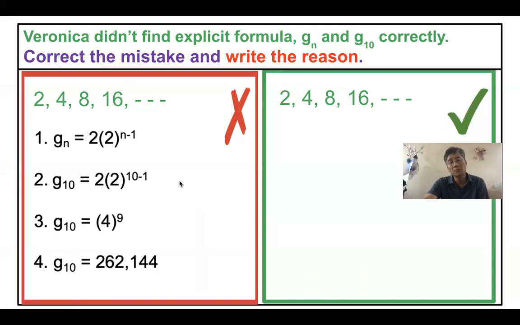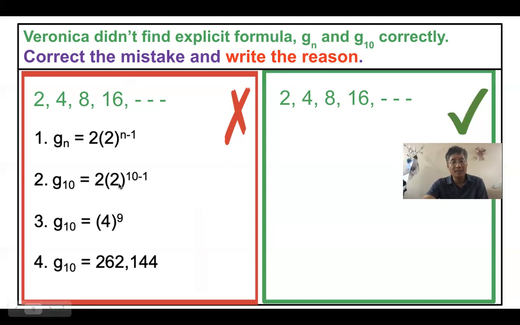This was the nth term, explicit formula correct. Second, g10, so far good. And then you need to simplify. So 2 times 2 is 4, 10 minus 1 is 9. Is it good? No. I told you, right? This is a common mistake. It's PEMDAS.